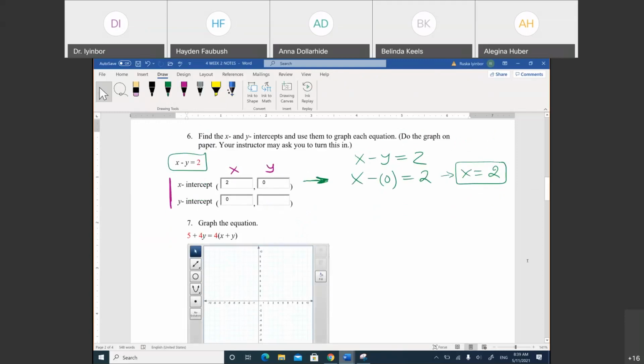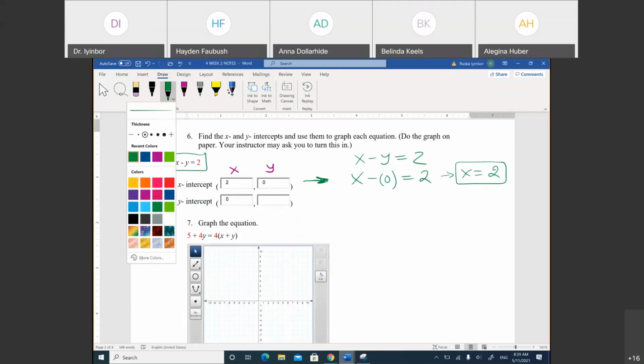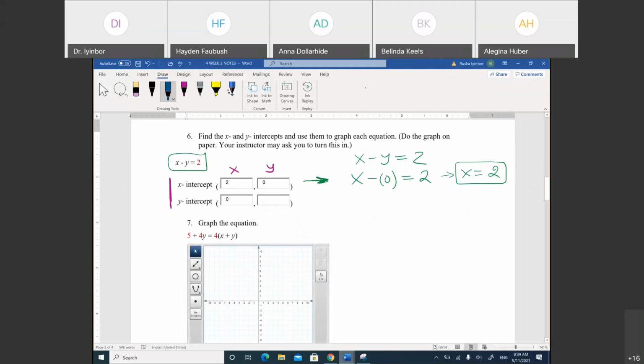Now, the same idea if I want to find the y-intercept. For the y-intercept, I know the x is going to be 0, right? So I'm going to follow the same equation, and I'm going to put 0 for x in x minus y equals 2. And plug it in 0, right? Which means I have negative y, negative 1y equals 2, right?